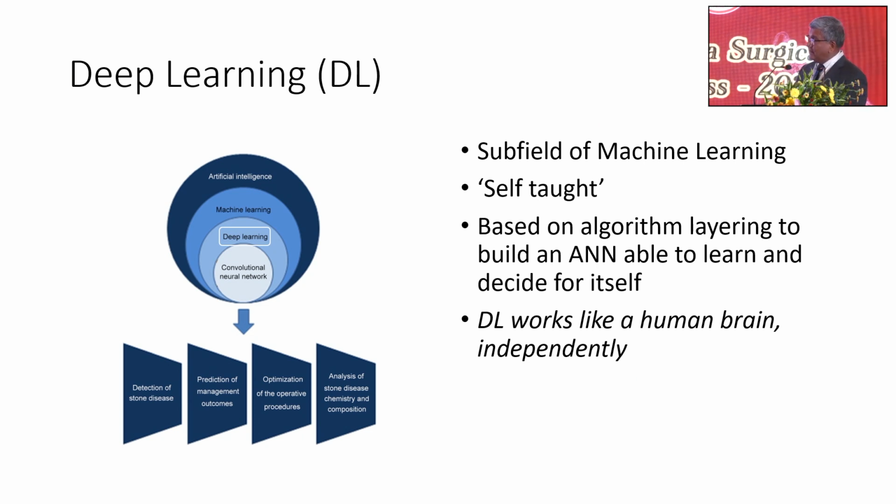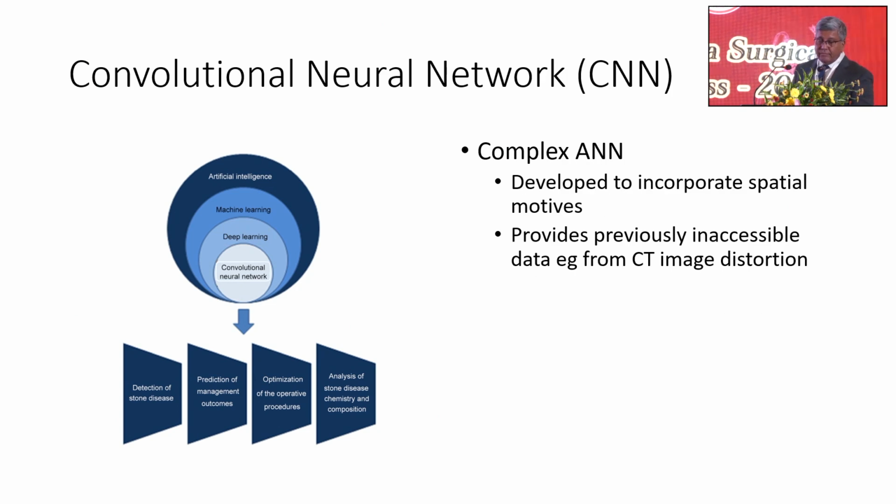So this is a big jump from machine learning to deep learning, and it works independently, and that's why you can instruct it to get and tease out data better. And it's happening.